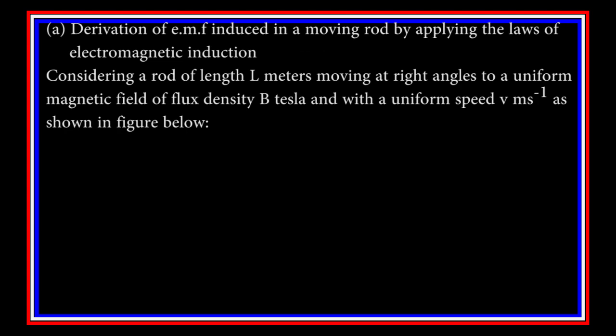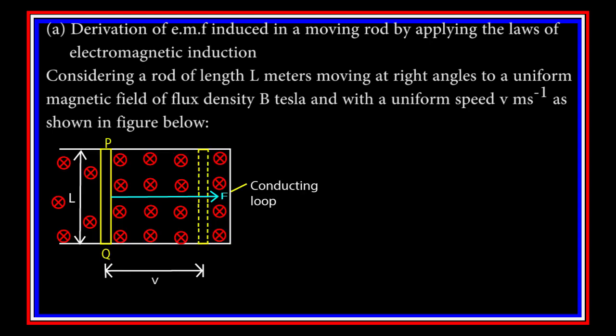Consider a rod of length L meters moving at right angles to a uniform magnetic field of flux density B Tesla and with a uniform speed V meters per second as shown below.